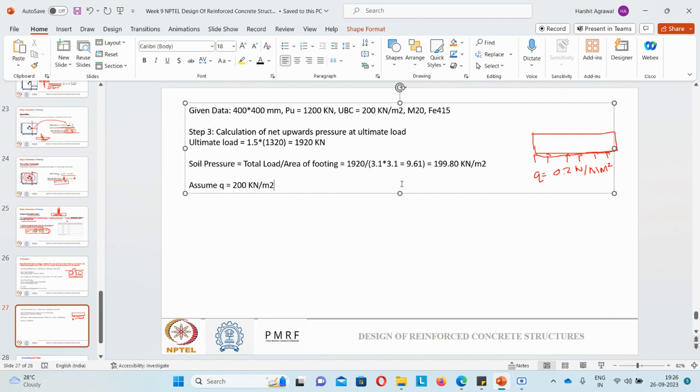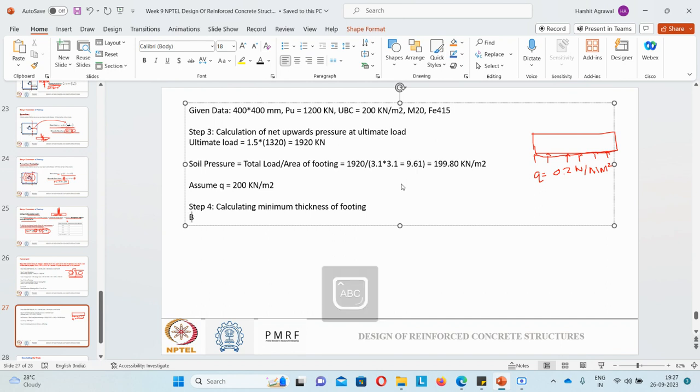Now this was step 3. Step 4 is calculation of thickness, calculating the minimum thickness of footing. We know there are three criteria: bending moment criteria, one way shear, and two way shear.